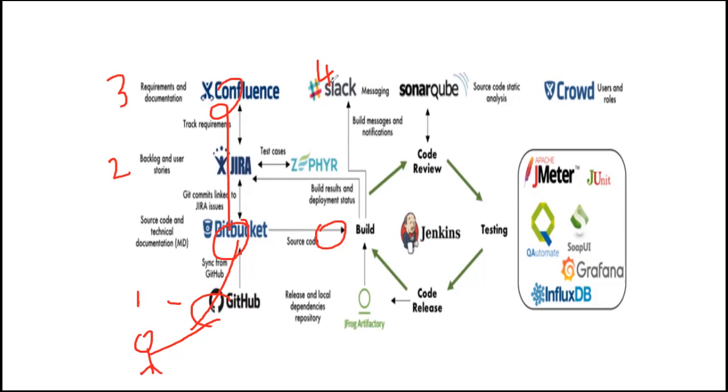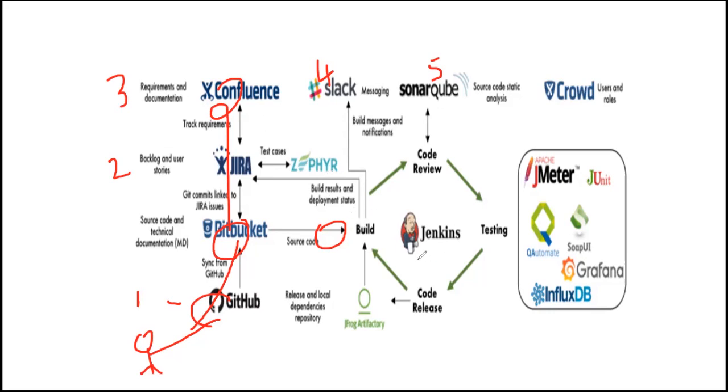At each and every stage, a Slack notification alert has to trigger. And there is a fifth tool, SonarQube, because the code he posts has to be reviewed. So when a new code is detected, start this, start this, start this, right?